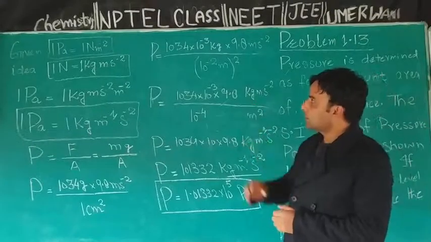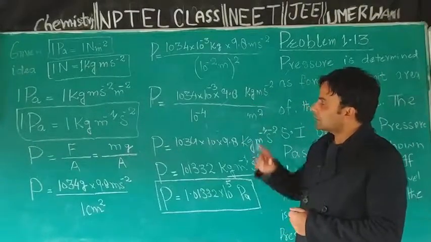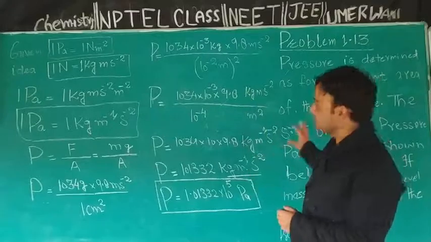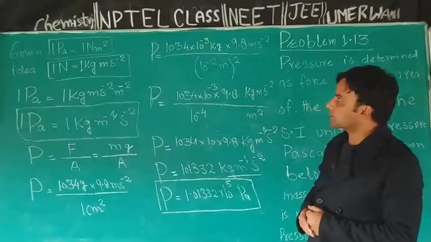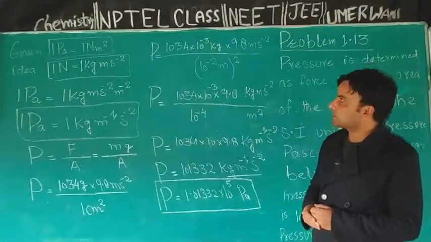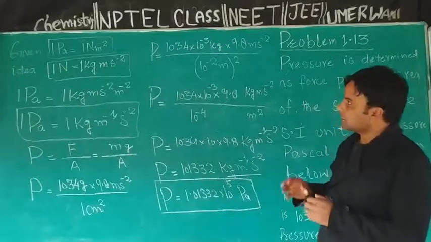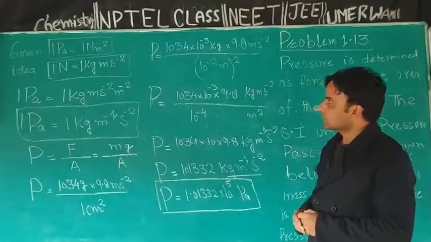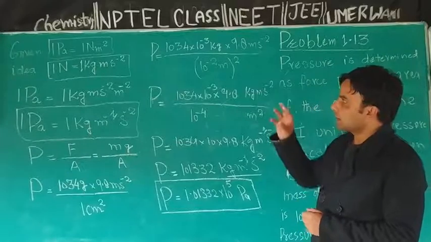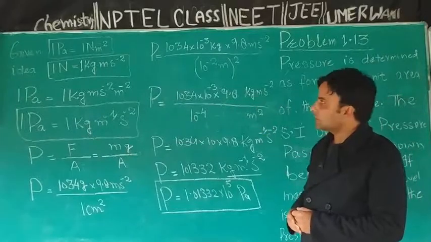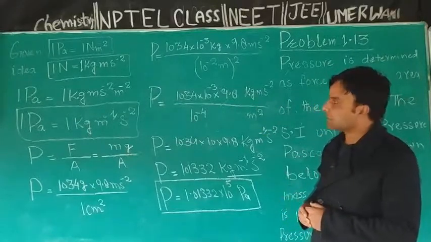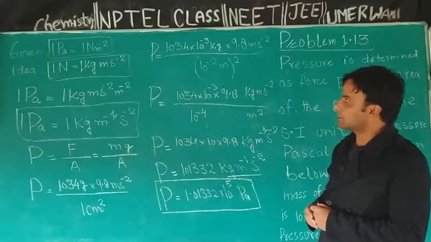I used the information which was given in the question, that 1 Pascal is equal to 1 Newton per meter square. In this equation, I identified there is Newton, and Newton is the unit of force, and force is equal to mass into acceleration.